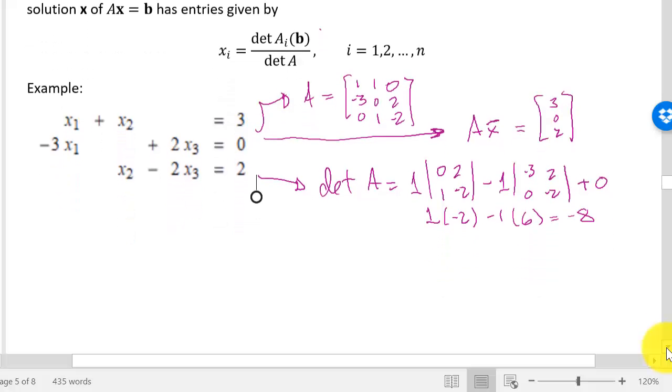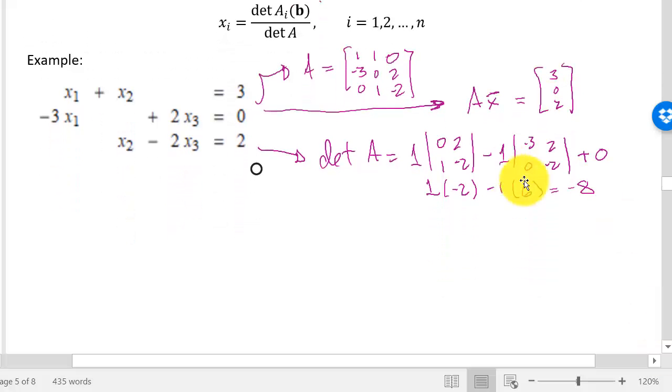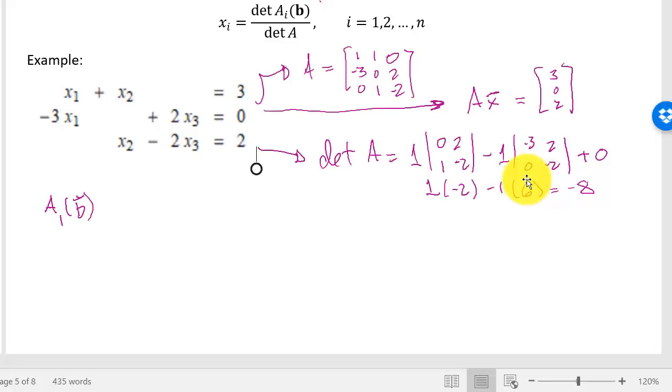Now let's find the determinant of these other matrices. So A1 of B, they're calling it here, is going to be the matrix A1. So let me write down the matrix A1 and I'm going to erase something after I write it down.